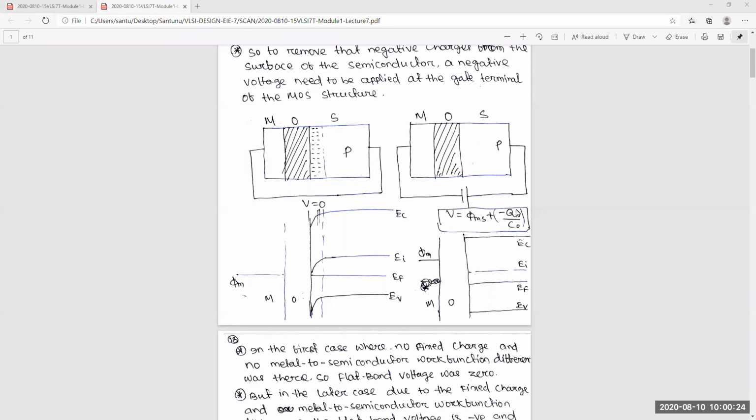If phi f is given, we can calculate that also. If you know the thickness of the oxide, then you can calculate C0. Finally, you can calculate the flat band voltage, and it's a negative value for this type of situation.